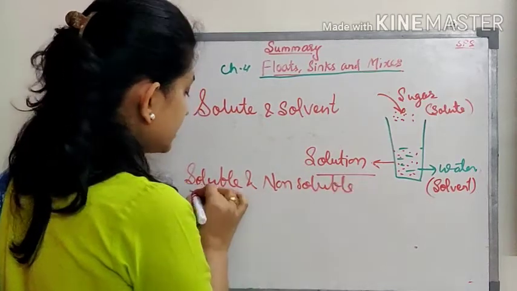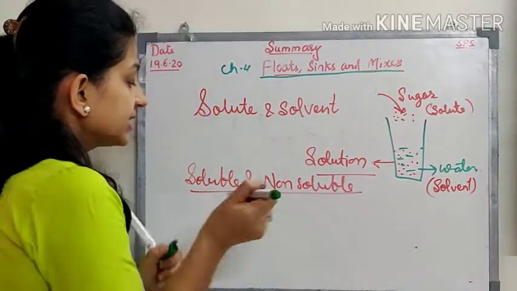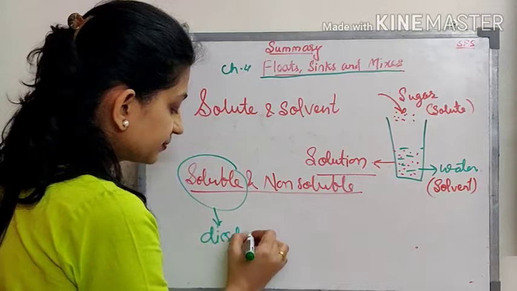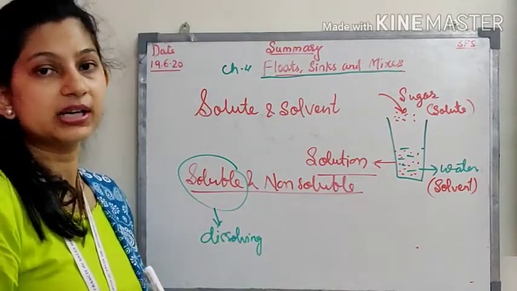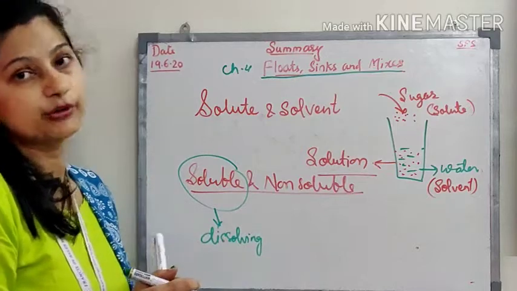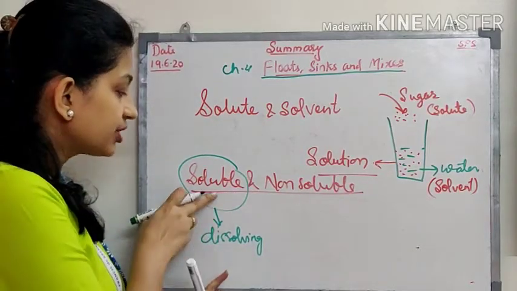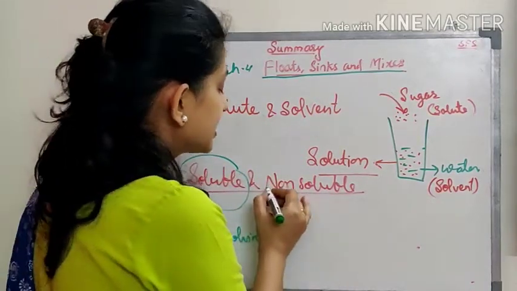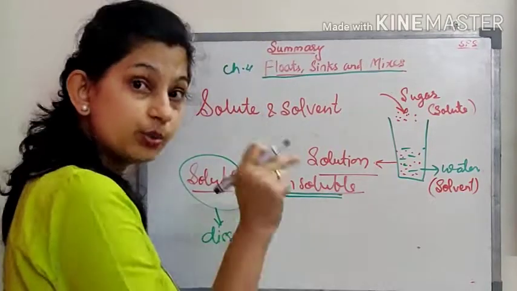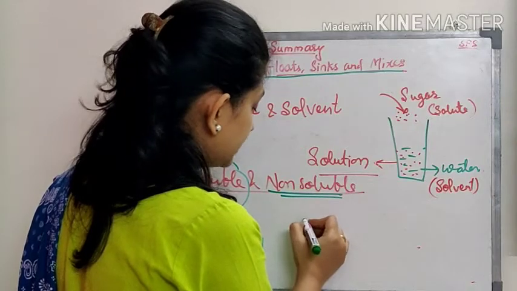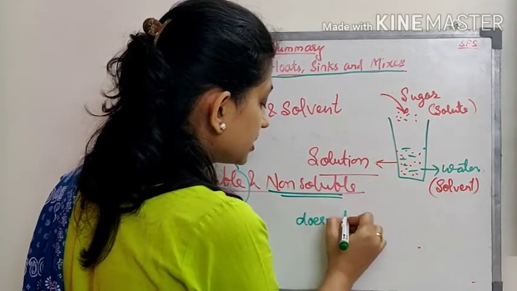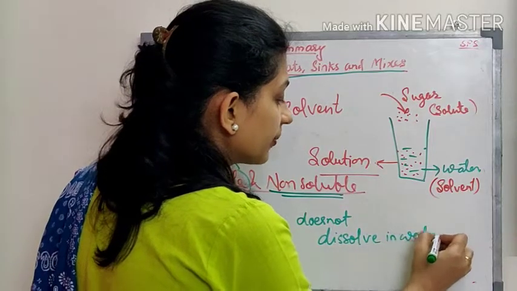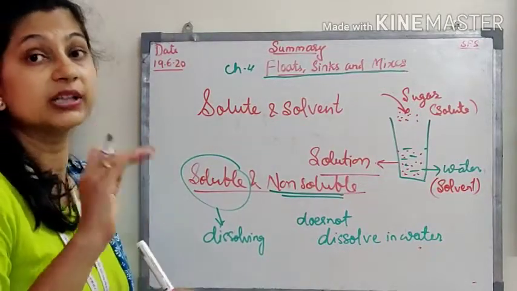Soluble and non-soluble. So what are these soluble and non-soluble? In our book we are concentrating mostly on water. Things which get dissolved in water are soluble substances, whereas substances which do not dissolve in water, or in any other solvent, are non-soluble for that particular solvent.